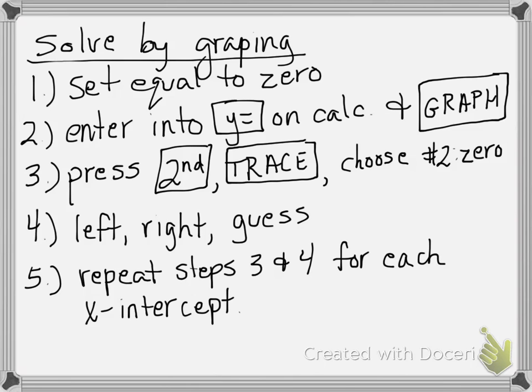Now the trickiest part of this is going to be this step right here for most of you. Because you've got to understand that when it says left and right, it's left and right of the point you're trying to find.